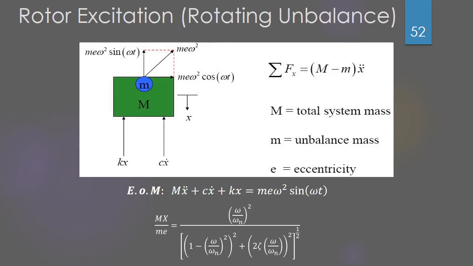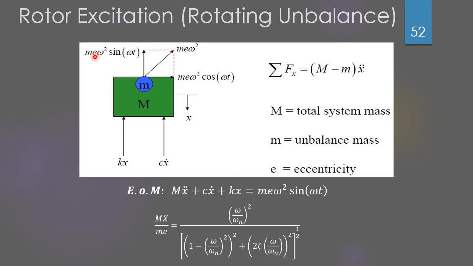Now we're going to talk about the last type of forcing, which is rotor excitation, also called rotating imbalance. As you can see here in the free body diagram, we have the total mass of the system, and this is the unbalanced mass.